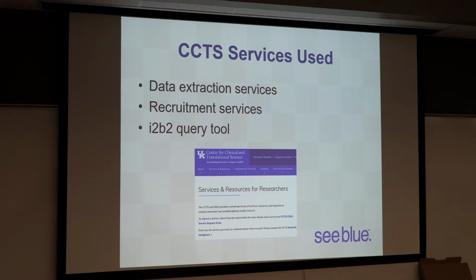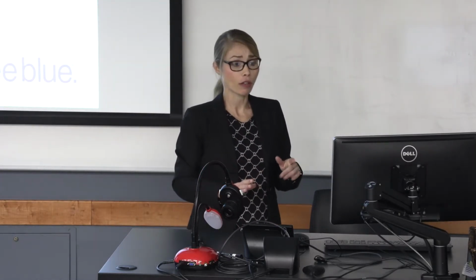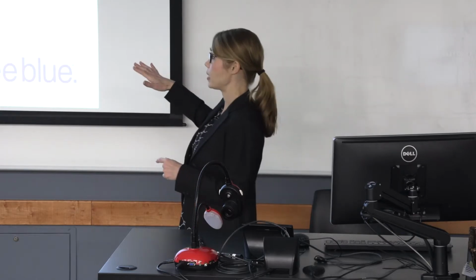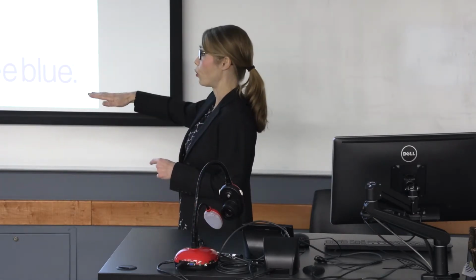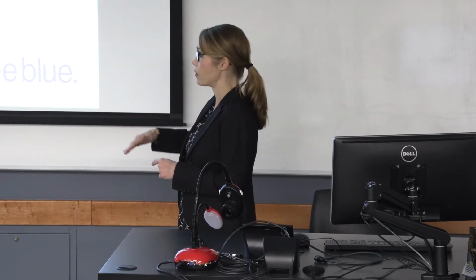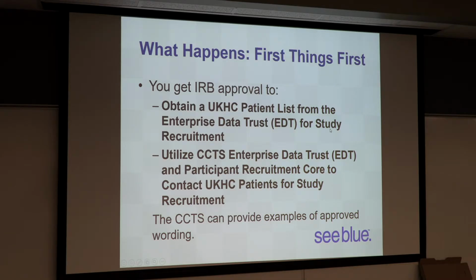So to let you know what those are, you would need the data extraction services, the recruitment services, and the I2B2 query tool, which are all available if you go onto the CCTS webpage and you look under the services and resources and you scroll down to the bottom of the page, these various tabs are there. So, all three of those will be useful to you as you attempt to use this mechanism.